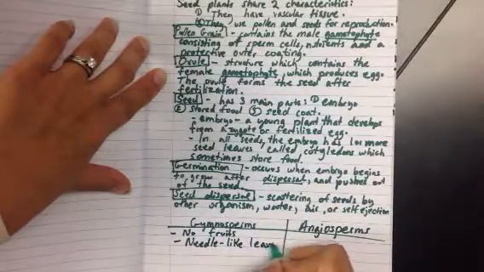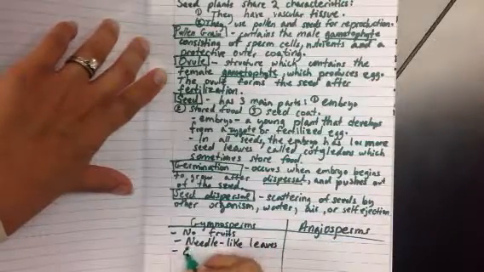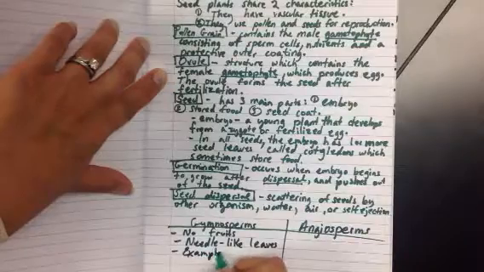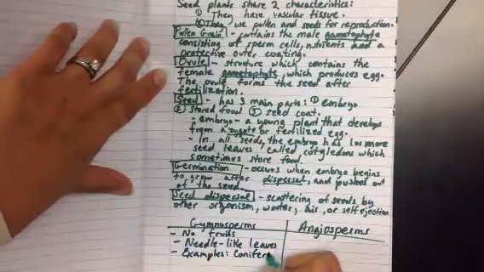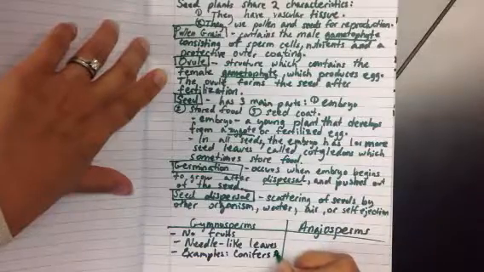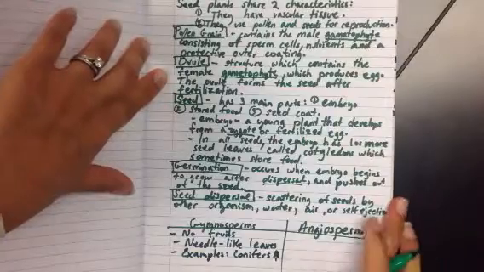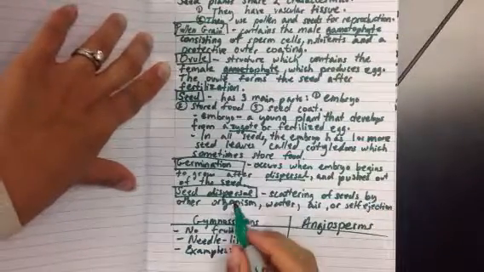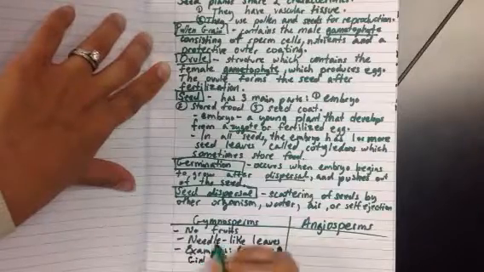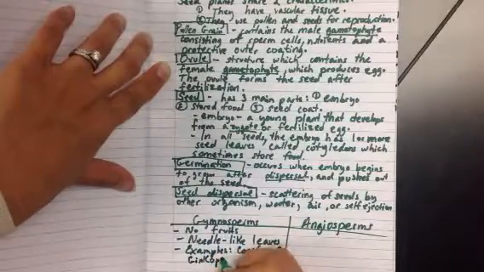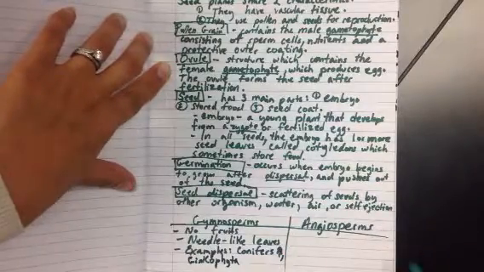Think about pine trees, those tiny little skinny needles. Some examples that you know well are conifers, our Christmas trees, anything that has pine cones. Also, there are some other groups like the ginkgophyta, which would include the ginkgo tree. And there are a few others.